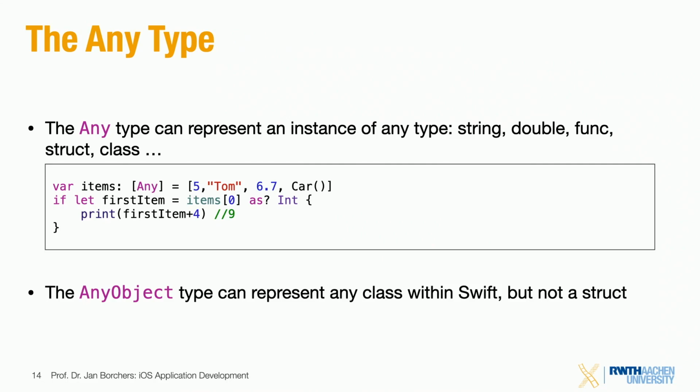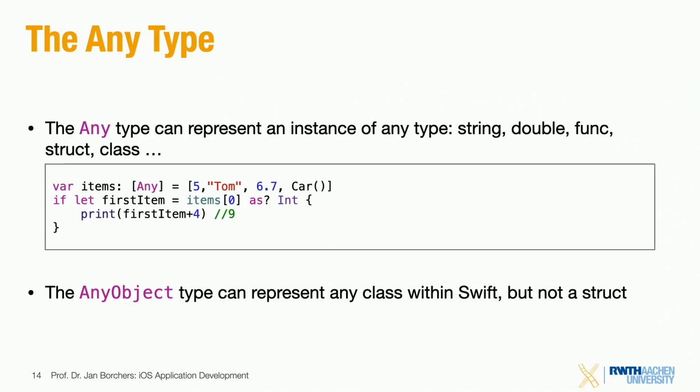So if we have here an array with the type any, there can be integers in there, strings, whatever. And then if I access these values and I want to actually work with what is in there, then I need to cast them, for example, here, to use it in an addition, so that I can use the 5 actually as an integer.